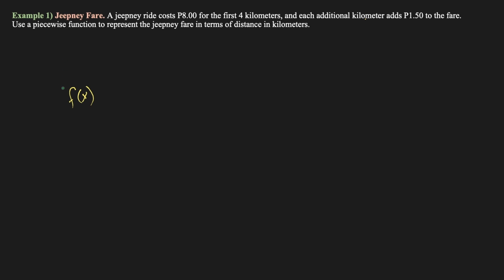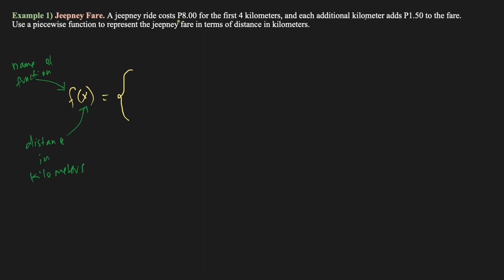In this case, f represents the name of the function, and the x represents the distance traveled in kilometers. So the next step is to observe what are the conditions given in the problem.